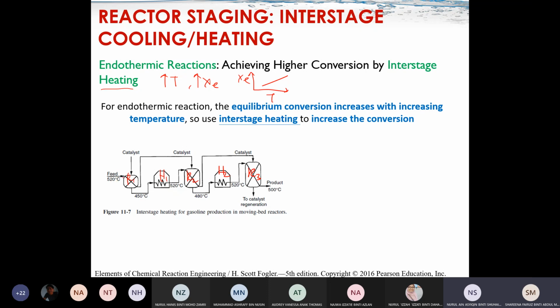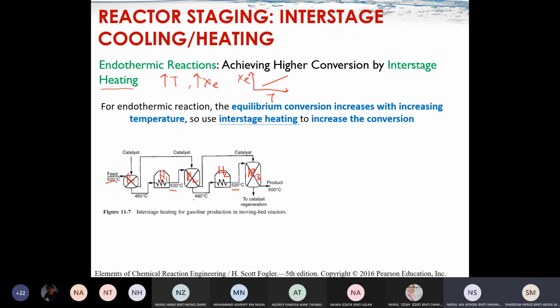Since it is endothermic, it absorbs heat, so the temperature of the effluent is lower than the initial one. Same goes here, so we have to heat it up again: from 450 we heat up to 520 again, and we maintain the same feed here. This is because when the reaction happens in reactor 2, it lowers the temperature.